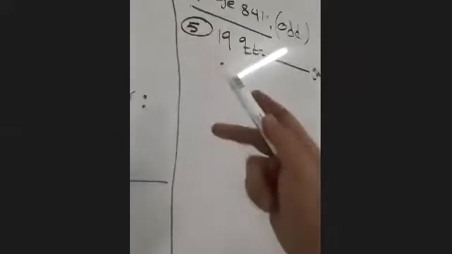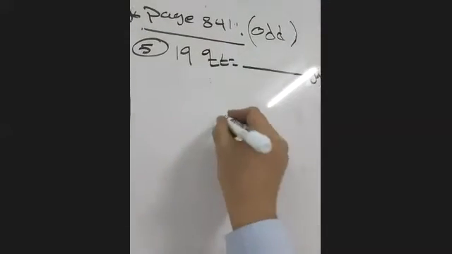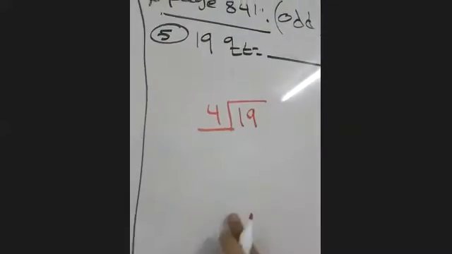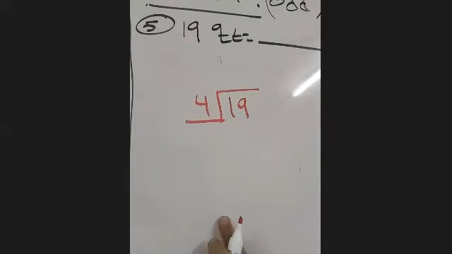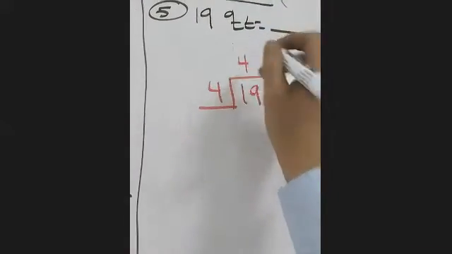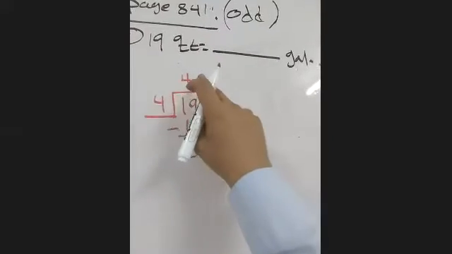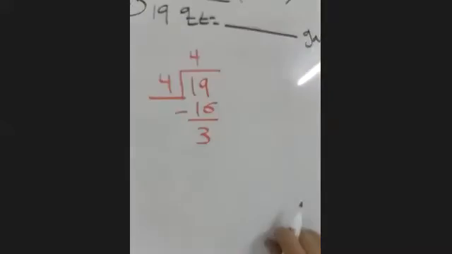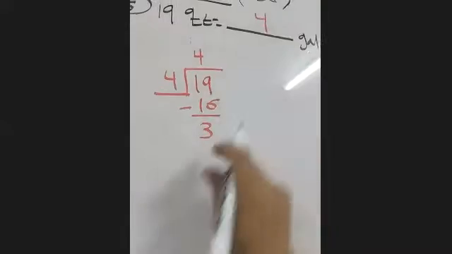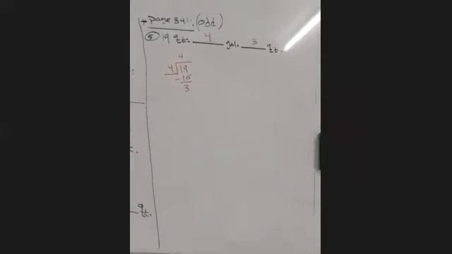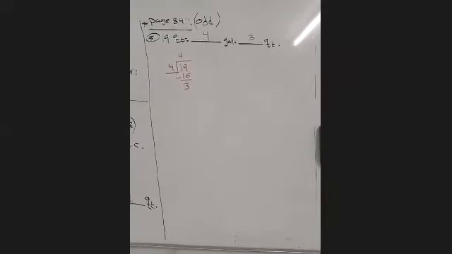Now, can 19 be divided by 4? 4 times 4 is 16, still 3, right? So how many gallons in 19 quarts? 4 gallons and the remainder, 3 quarts, we put it here. 4 gallons and 3 quarts. Exactly. Do you understand that? Good boy. This is question 5, guys. We make a long division and the remainder we put extra for the quart.